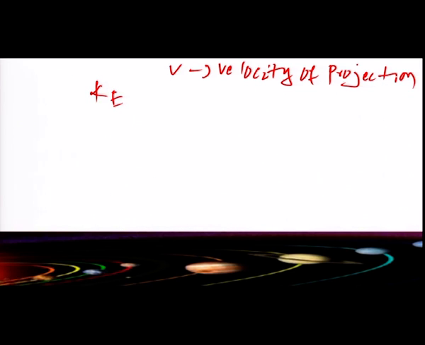And so, if v is the velocity of projection, therefore, its kinetic energy, where KE is the kinetic energy, is given by the expression half mv squared.